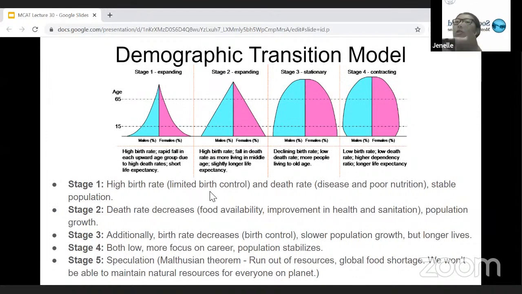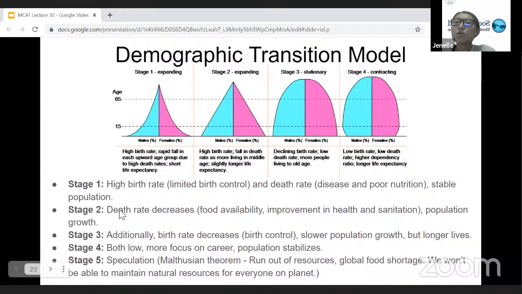So limited birth control contributes to that high birth rate. And then also the high death rate because of disease and poor nutrition in that population. But both of these high values end up leading to a stable population. So it creates this pointy triangle at the top.